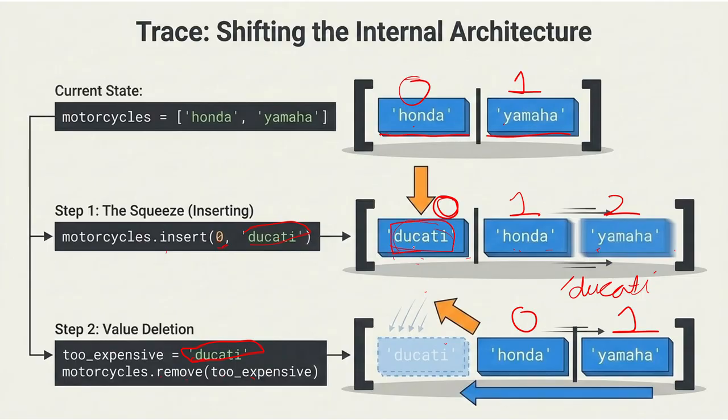So it will only have removed this first Ducati, and in the end you will be left with Honda, Yamaha, and Ducati at position number 2. That's what you have to keep in mind: remove always removes only the first occurrence.